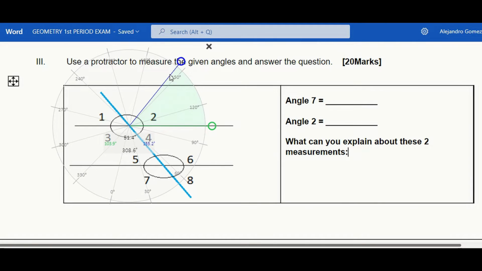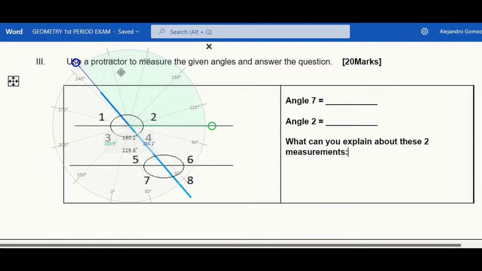I am going to move the arms of my protractor and place it here. You see that it says 130.2.